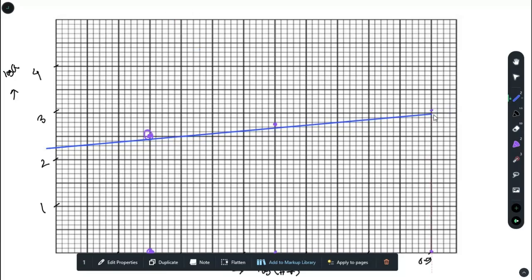I'll bring it a bit down like this. Let's say it's like this, and I'll bring it a bit up. Let's say like this. Well, fine.